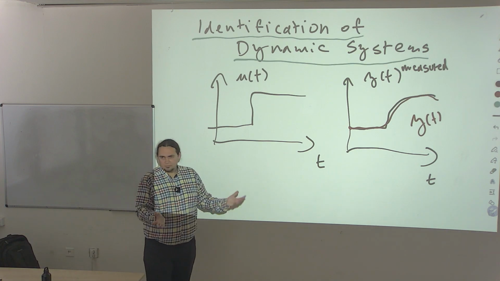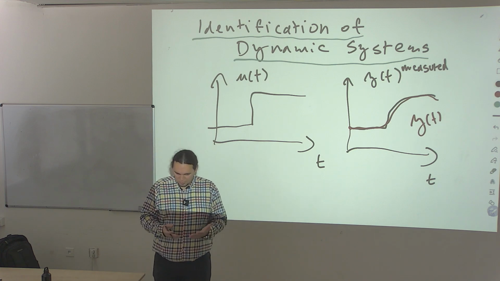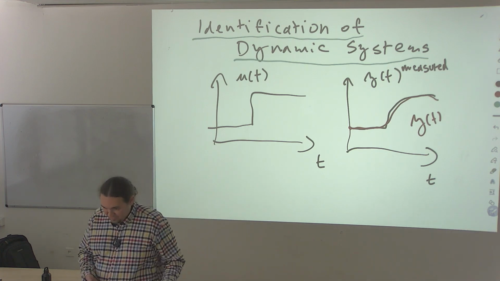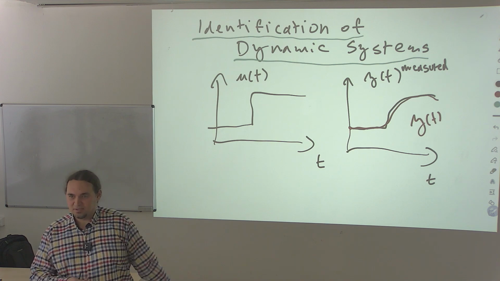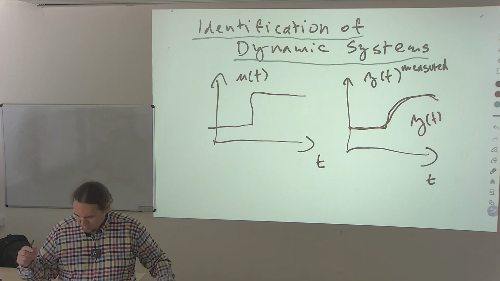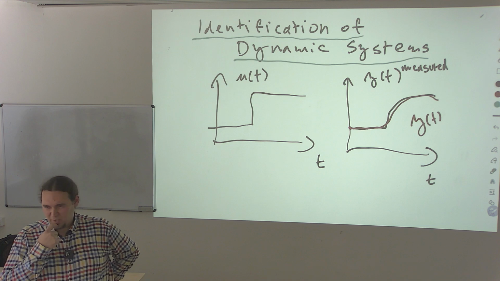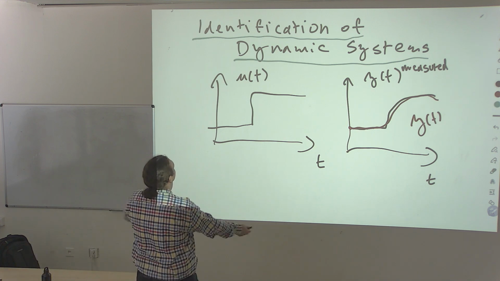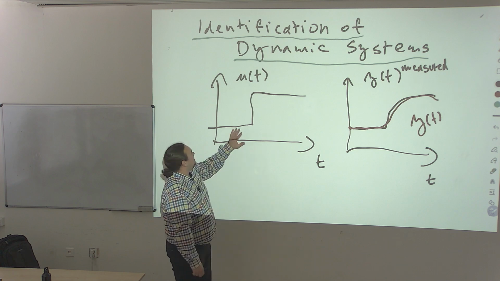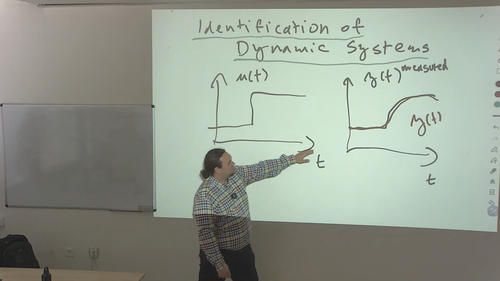And well, there are some textbook methods how to process these step responses. You have seen Strejc's method, but the question is, do I every time get the data like this?